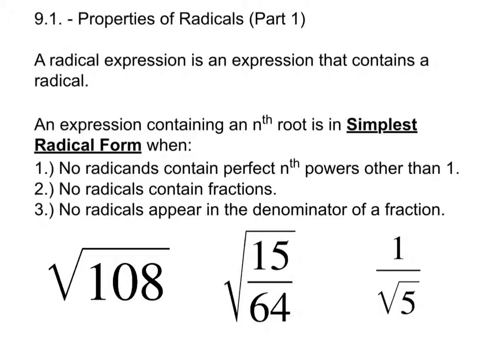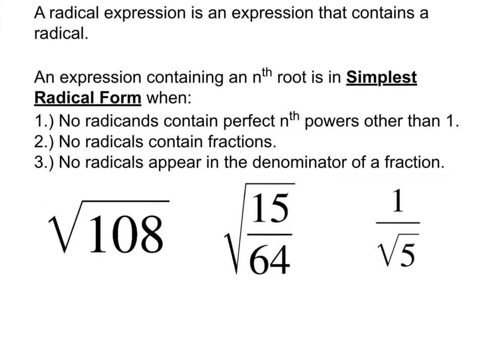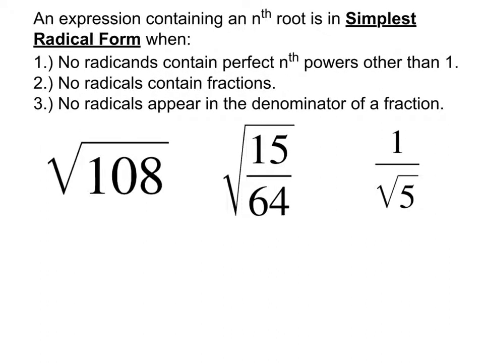And so what you see here are three examples where we're violating each of the rules. These three examples are not in simplest radical form. This first one, square root of 108, is not in simplest radical form because 108 could be written as a product of a perfect square with another number.